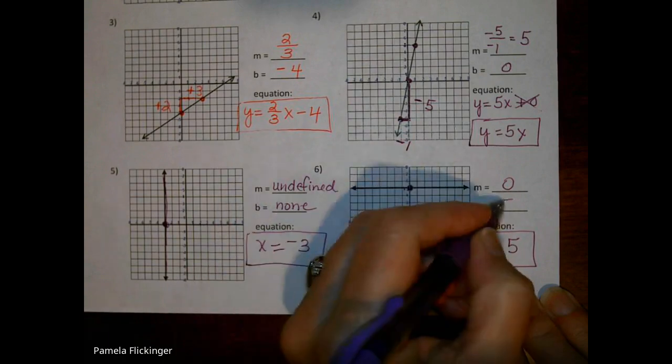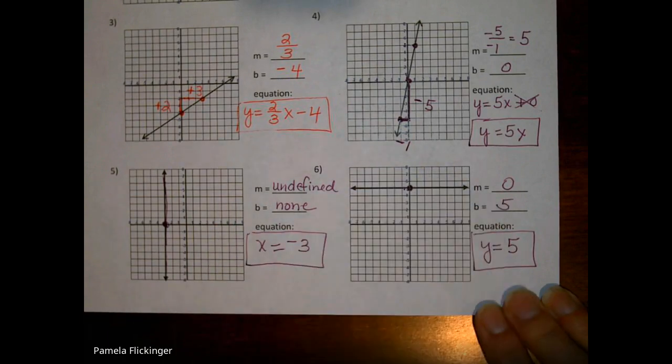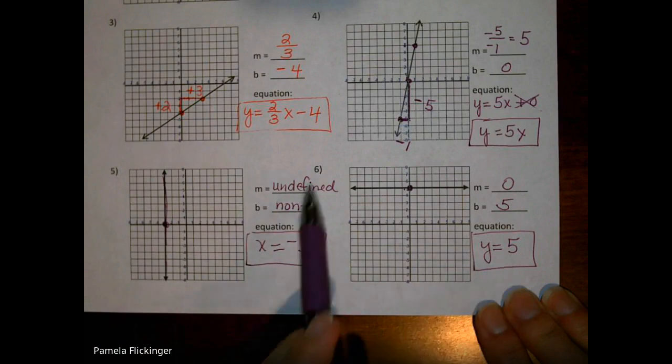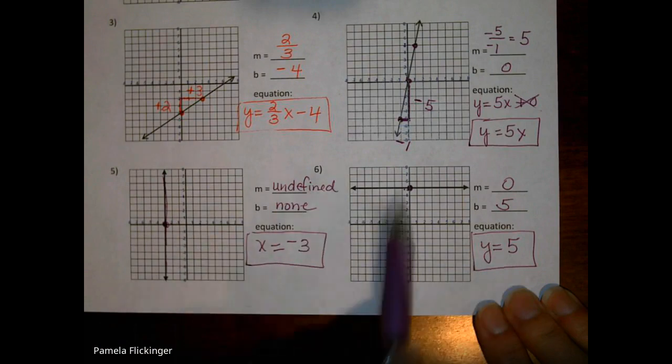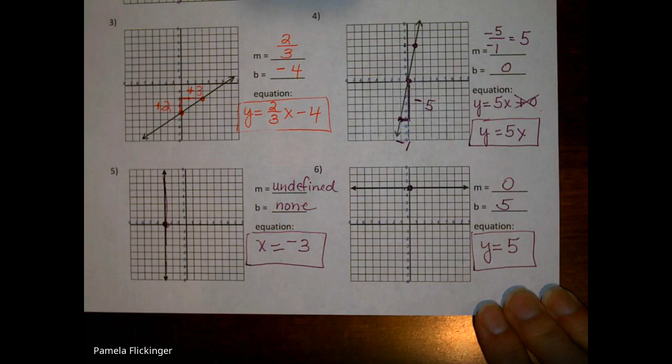It's the 5. I personally think it's easier with our horizontals and verticals to write the equations and then go back and fill in the slope and y-intercept. So this is what you're doing today, writing y equals mx plus b equations. If you need any help, come see me, but you should be ready to practice.